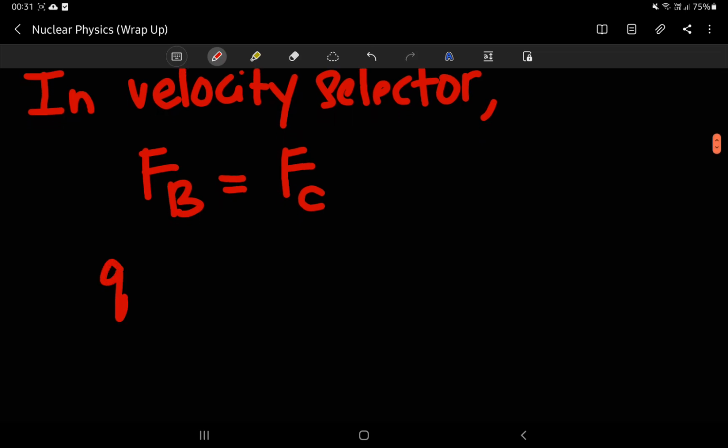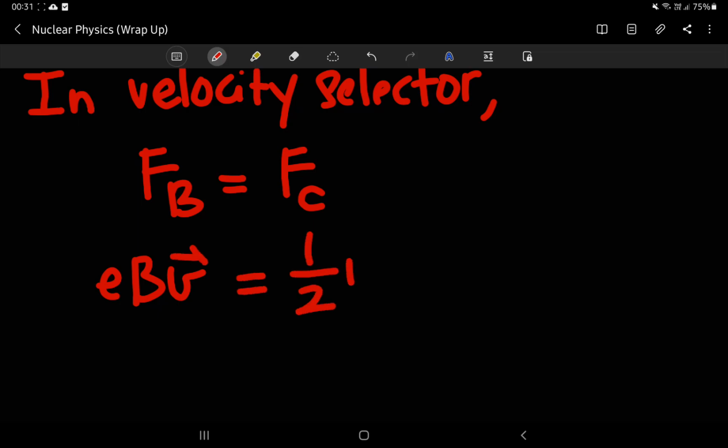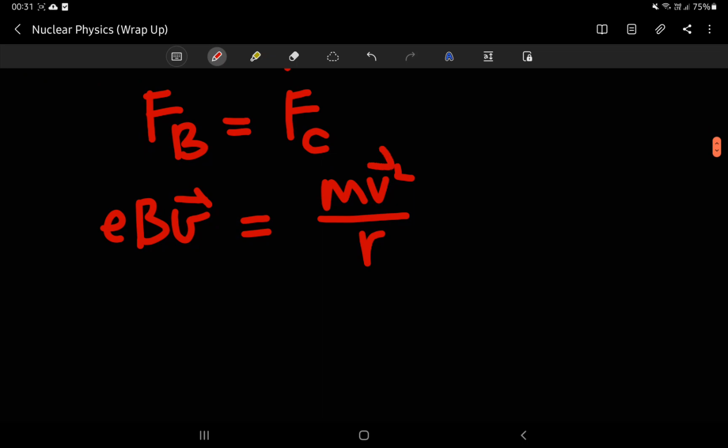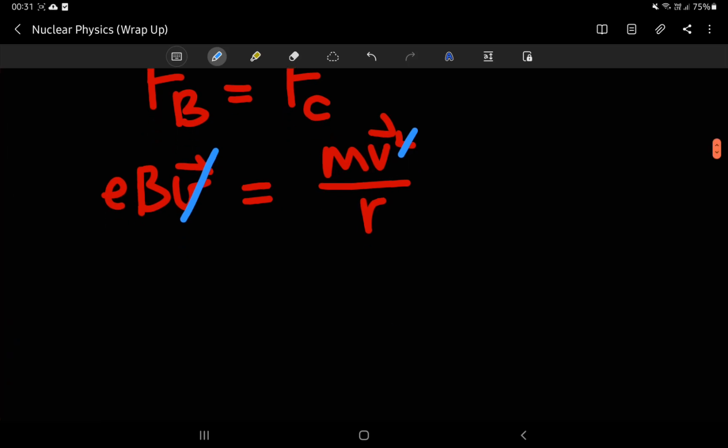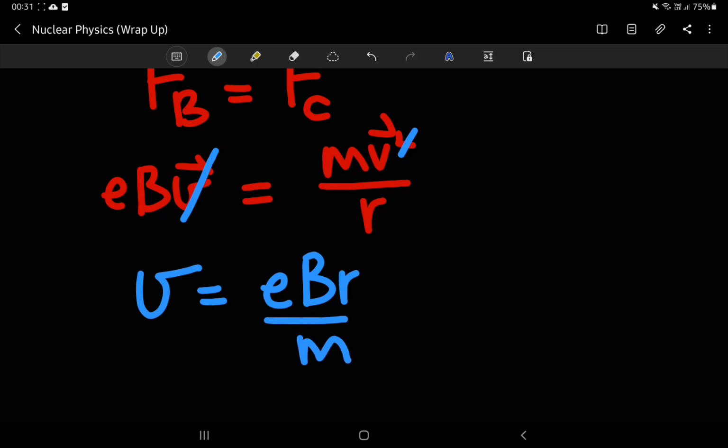So eBv equals mv squared over r. Cancel one of the v's and make v the subject: v is eBr over m.